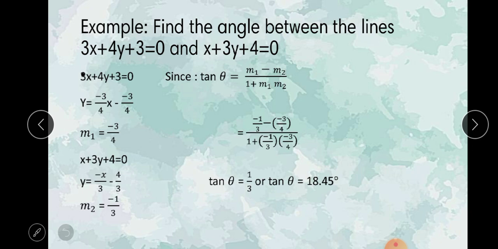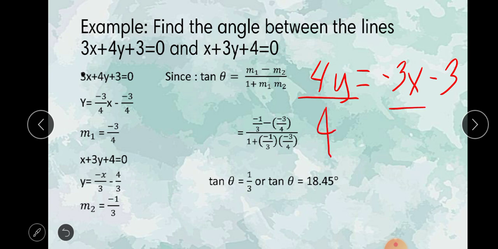First, we find the slope of both lines. Find the slope of 3x plus 4y plus 3 is equal to 0. To find the slope, transpose the other values to the other side. So we'll have 4y equals negative 3x minus 3. Divide both sides by 4.